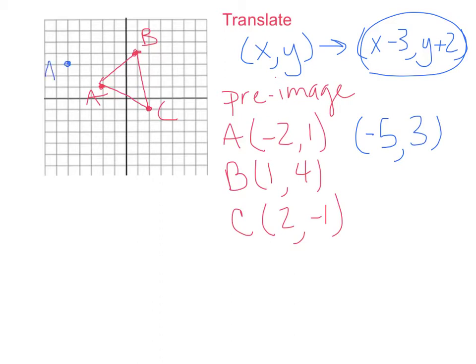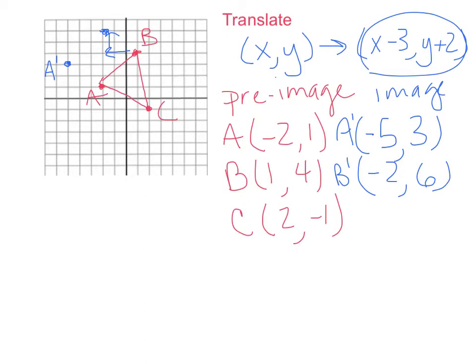There's A prime. This is going to be our image. We do the same thing with B. B prime becomes -2, 6. So we've moved B 3 this way, 2 that way.